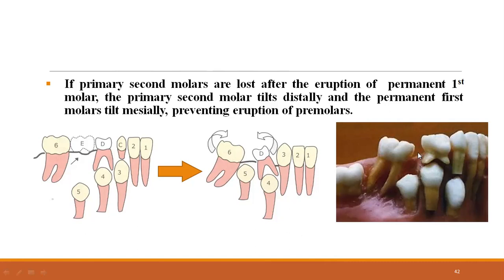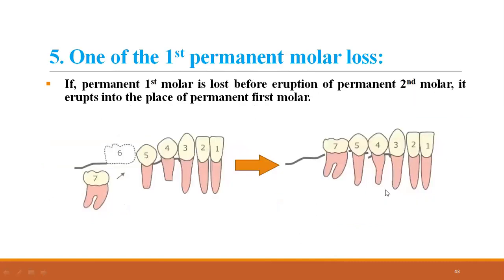Here, this premature loss of second deciduous molar causes mesial tilting of the first permanent molar and distal tilting of this deciduous tooth, which causes impaction of premolars. If one of the first permanent molars is lost before eruption of permanent second molars, then the second molar erupts into the place of the first permanent molar.